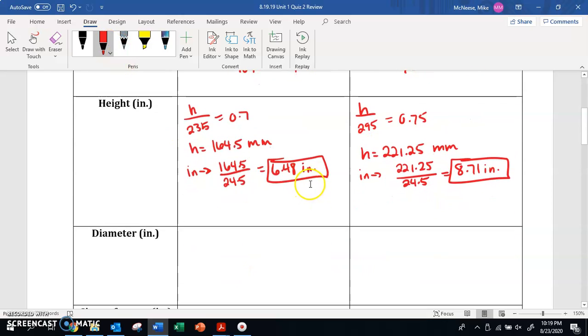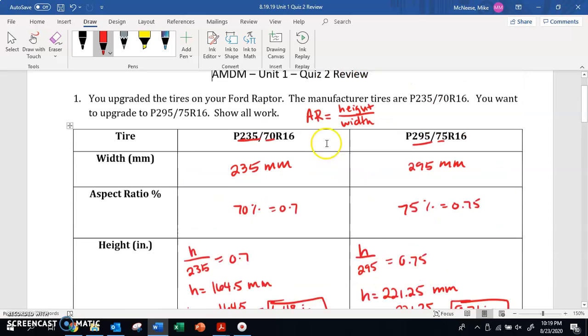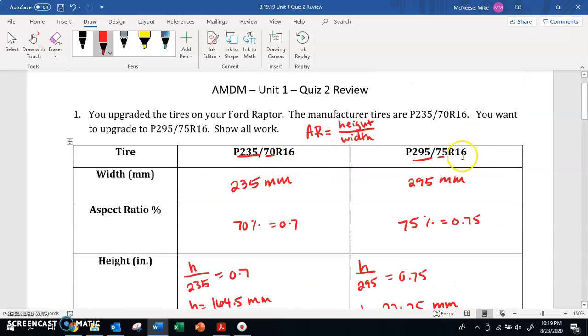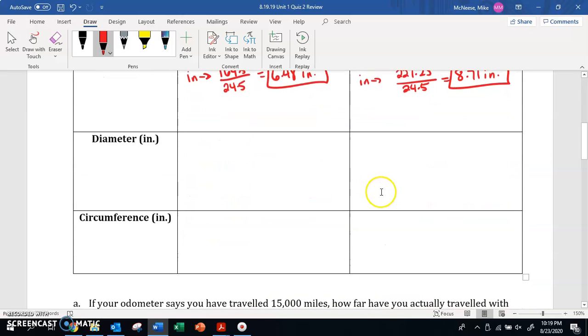And now what we want to do is find the diameter. The rim on both of these is 16, so this one's 16 inches and this one's 16 inches. Now the diameter of the tire is equal to the rim plus 2 of the heights, because you've got the tire on each side of the rim.